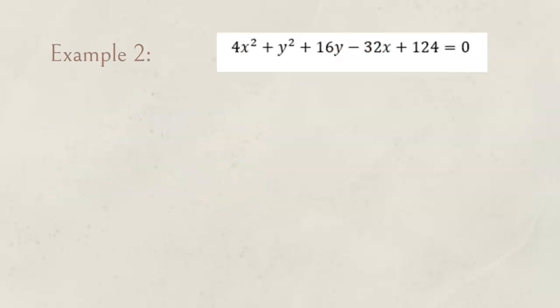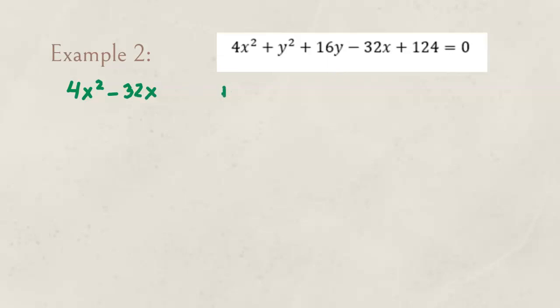Sometimes in order to go through the process of finding our center and our vertices and foci, we're going to have to rearrange our equation using completing the square. So again, the way we do that is we're going to gather our x's together: 4x squared minus 32x. We're going to gather our y's together.